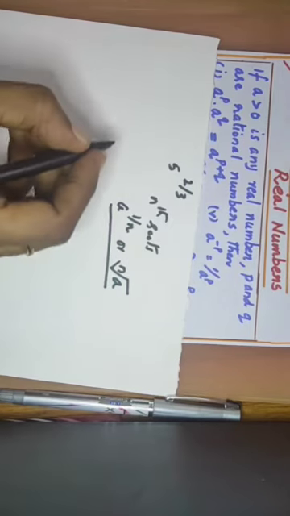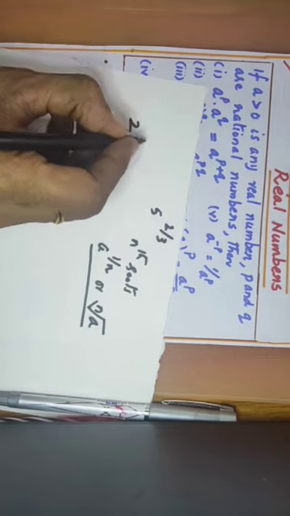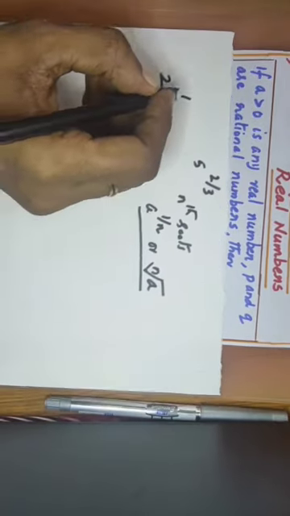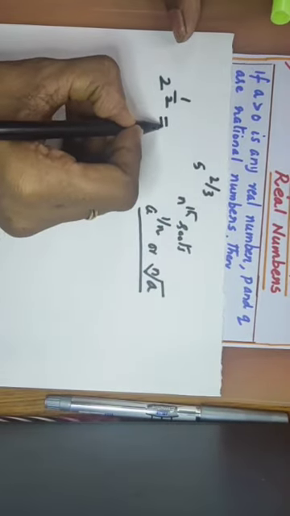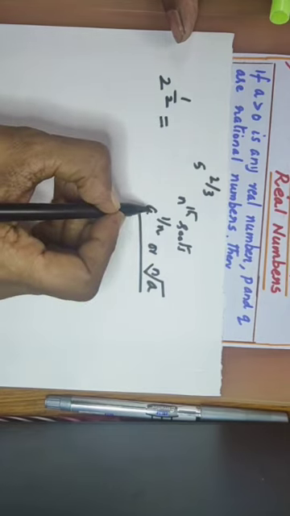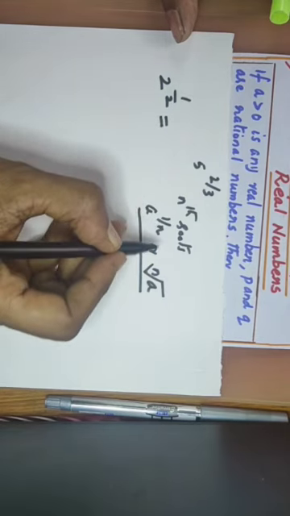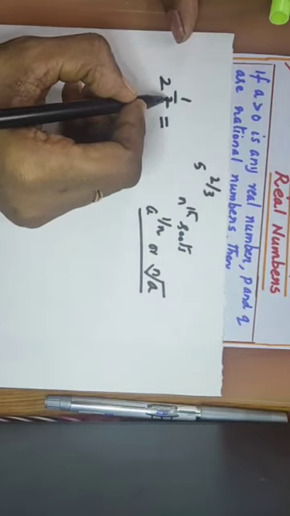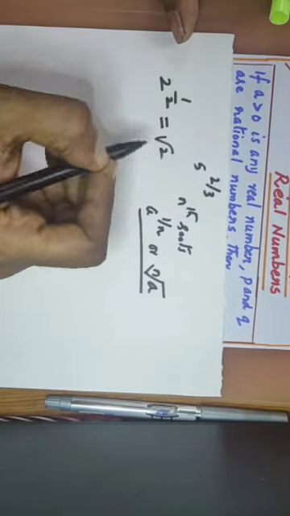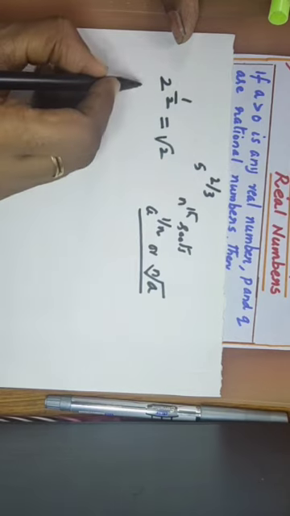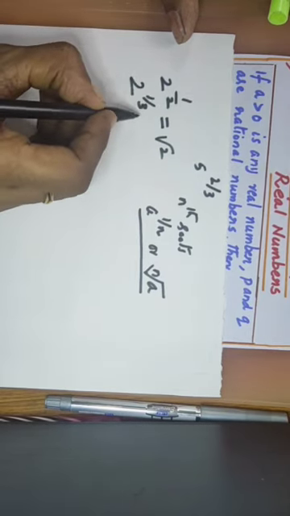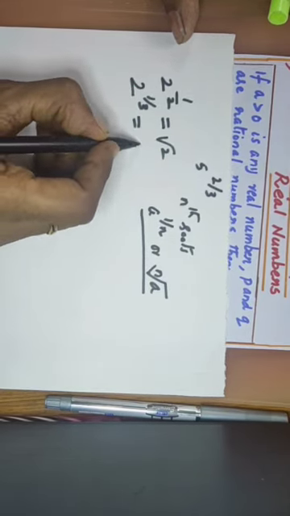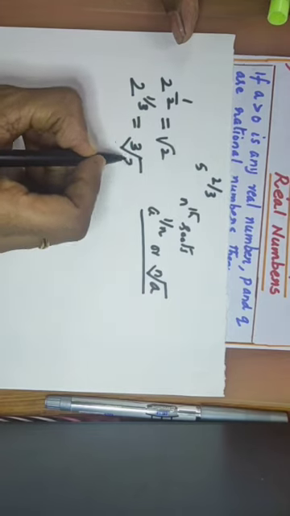For example, a to the power 1 by n is nth root of a. That means 2 to the power 1 by 2 is square root of 2. Now 2 to the power of 1 by 3 will be cube root of 2.